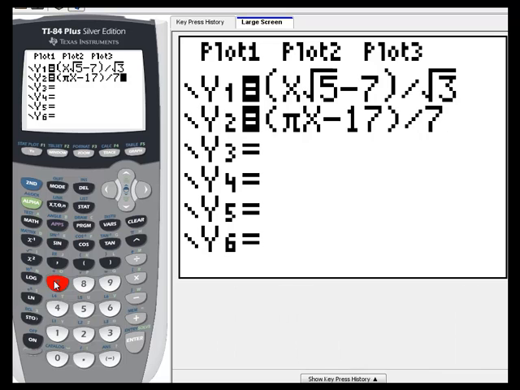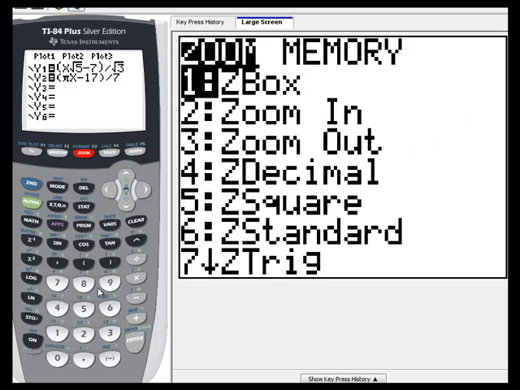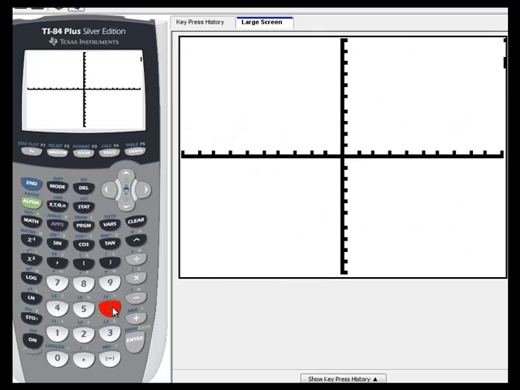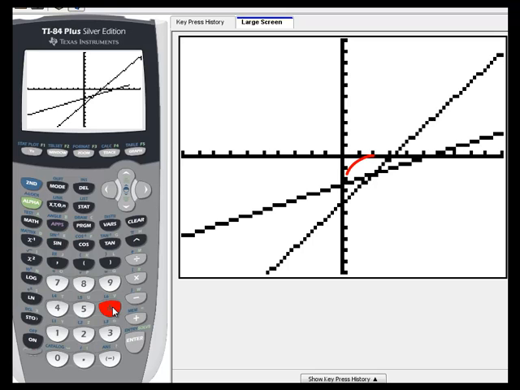Alright, I suppose we could get something started by using a standard coordinate system. Let's try that. Zoom, 6. Okay. A single point of intersection. It's appeared right on the calculator display immediately.